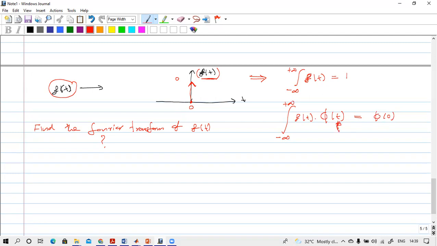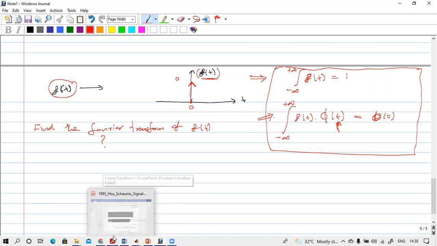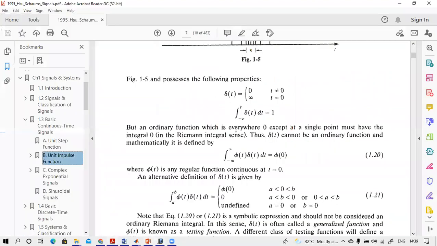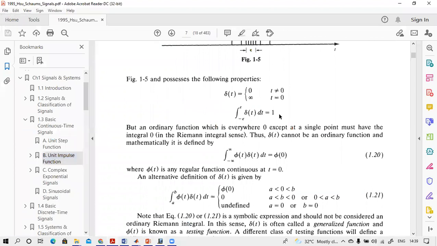So these two are the properties of the delta t function, and I think it is better to remember these two properties, because this is very useful. So this is the first property of a delta t function, and this is the second property of the delta t function.